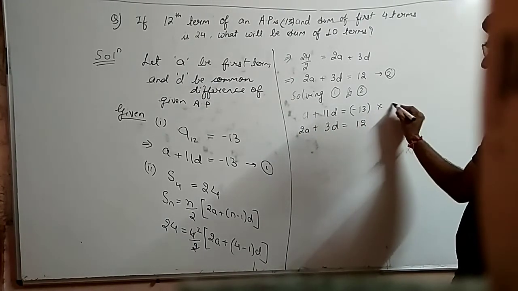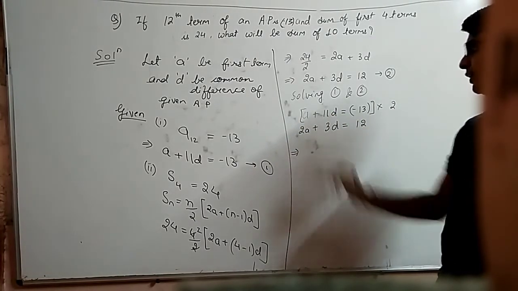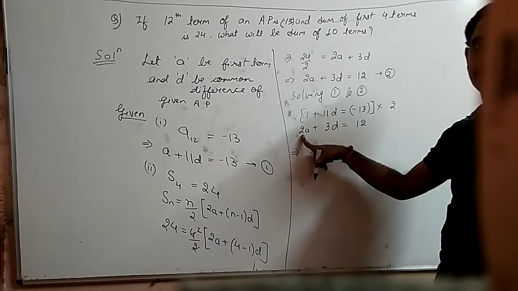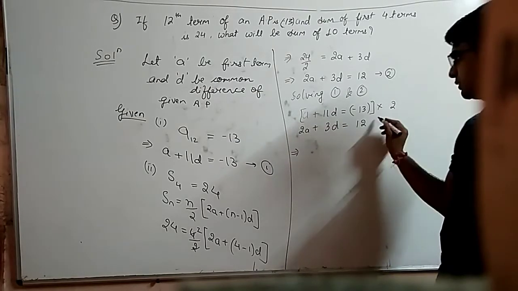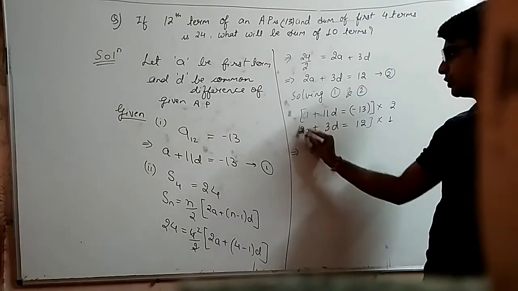I am multiplying this complete equation by 2 for eliminating. Coefficient of a is 2 here, so I am multiplying by 2, and coefficient of a is 1, so multiplying by 1 this complete equation.